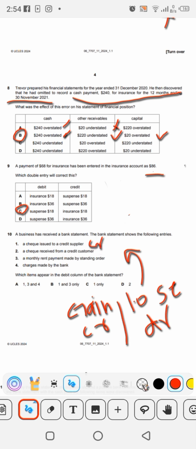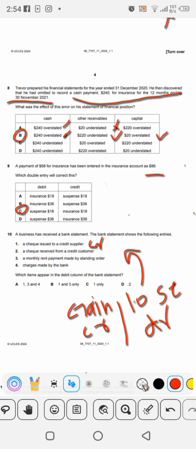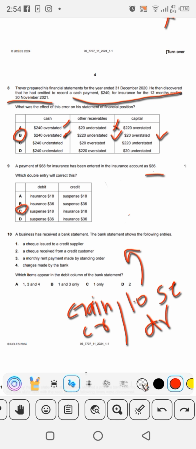So first is a check issued to a credit supplier, because we have made a payment, we have lost money, then this is debited. Then a check received from a credit customer, I've written credit, then this will change to debit. Let me change it into debit first.